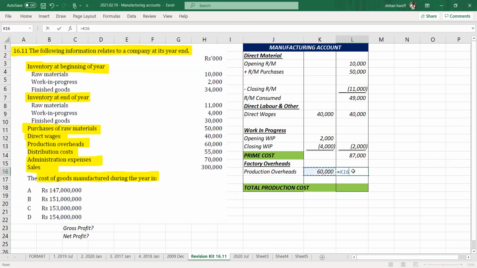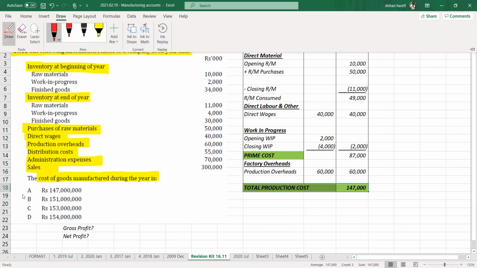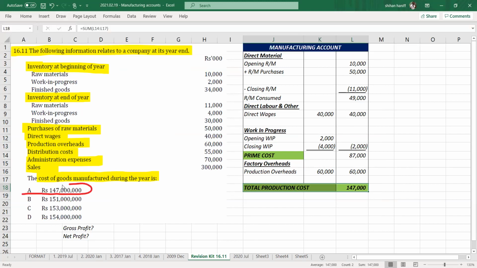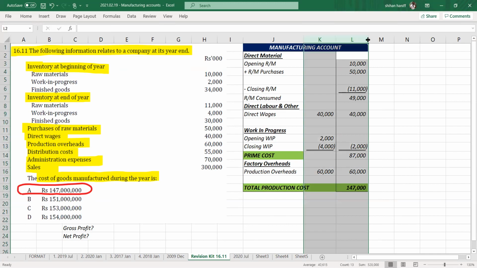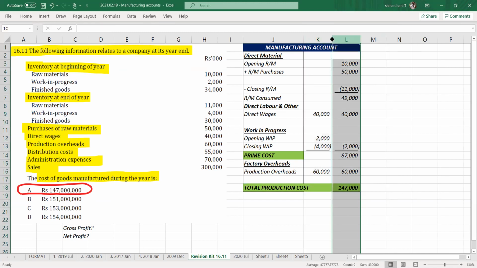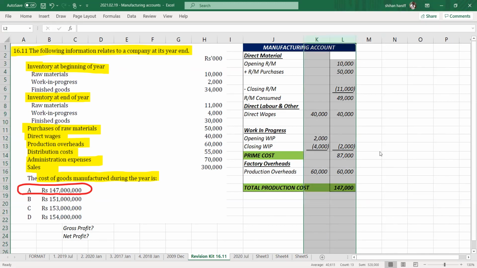Then we add the total production overhead. 147,000 is the total production cost. That is the cost of goods manufactured. Cost of goods manufactured is 147,000.